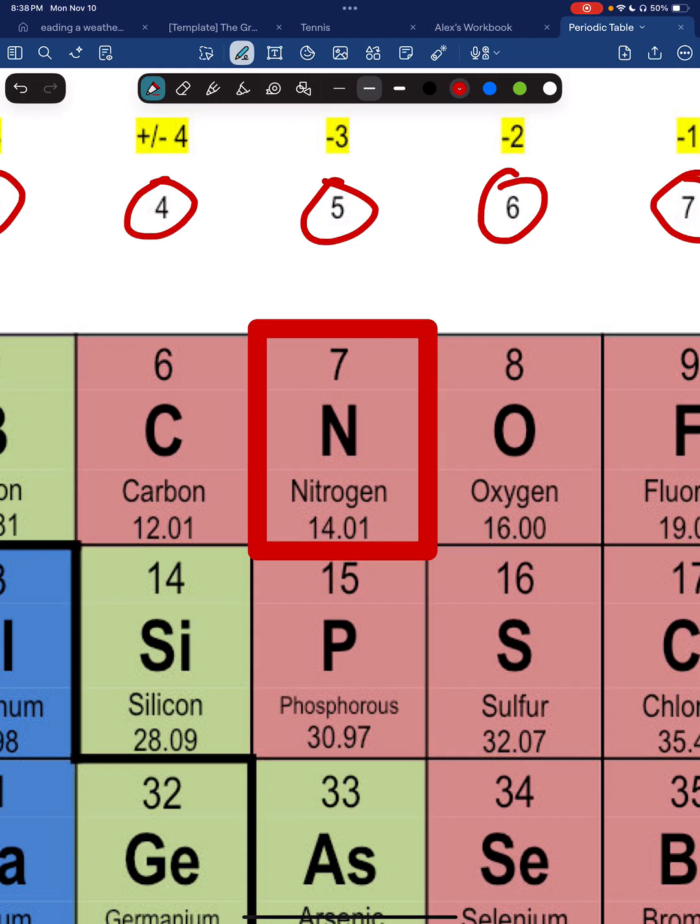Now we have a bunch of information that's being shown inside this element square here. Okay. So we have numbers, we have a letter, we have a word, and we have another number that has a decimal point in it. So what I'm going to do is label this for you so we're all on the same page here.